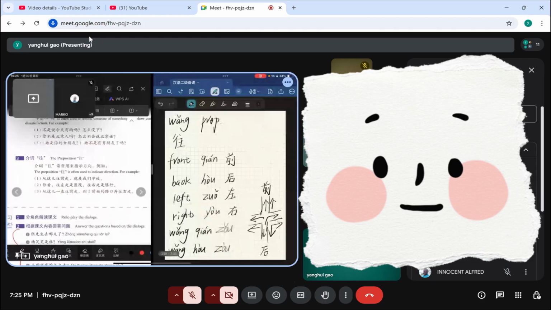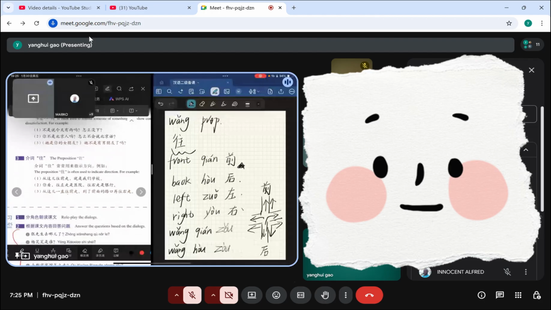Okay, the front is 前. So I need to remember the directions: 前, 后, 左 and 右. Front, back, left and right. So when you give the directions, we use 往 as a direction. So we have 往前, 往后, 往左 and 往右.